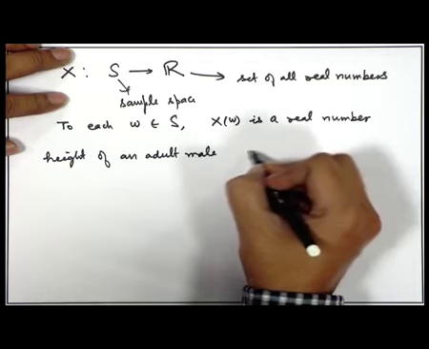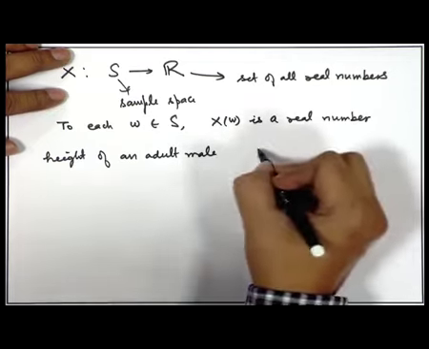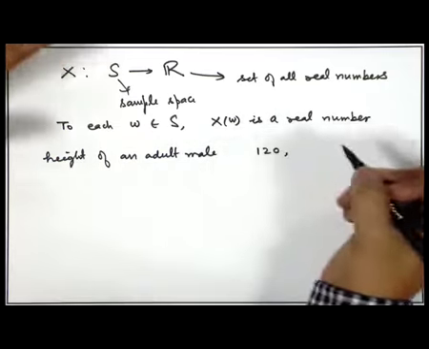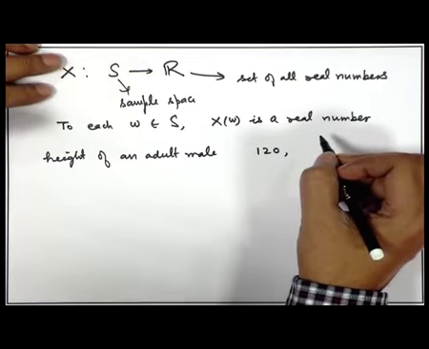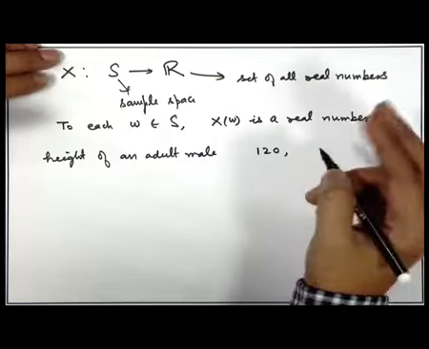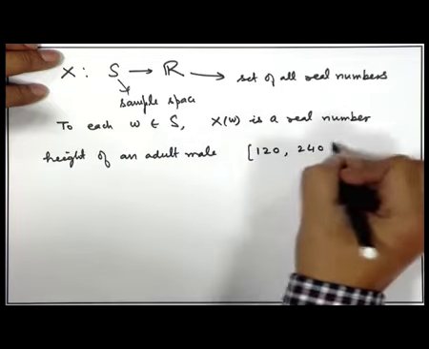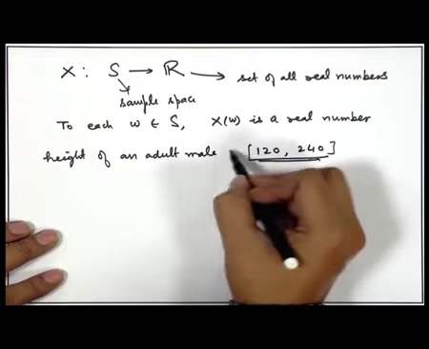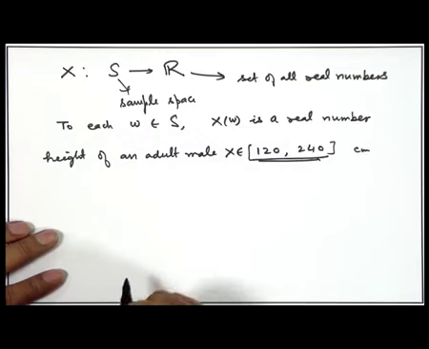Taking the extreme case that somebody can be say 4 feet, that means say around 120 centimeter, and somebody may be as high as say 8 feet, so maybe 240 centimeter kind of thing. So, we can have the set of values X taking values between say 120 to 240 centimeter.